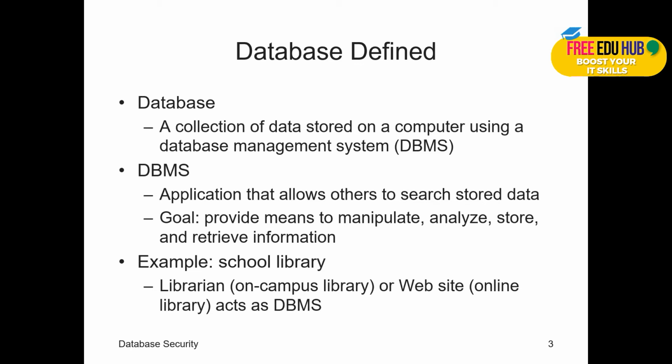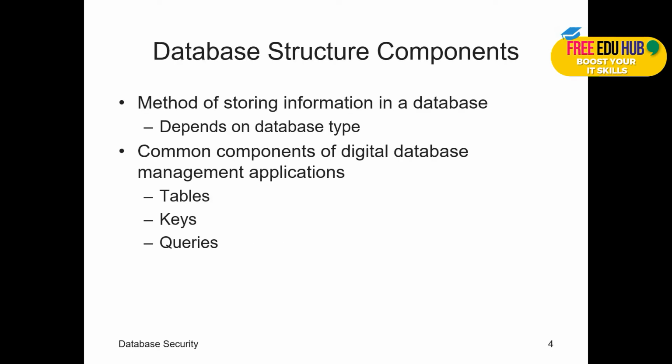The example they are giving is a school library: a librarian on campus, or a website online library, acts as a database management system, because there would be lots of books in a library, and they need to maintain information about each one. For example, the book for this course, database security, is one book but issued to lots of students, so they need to maintain information about each and every student who is using this book.